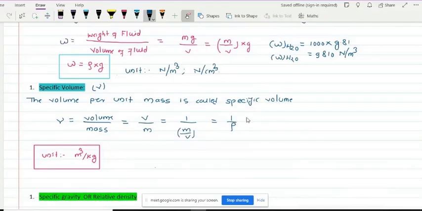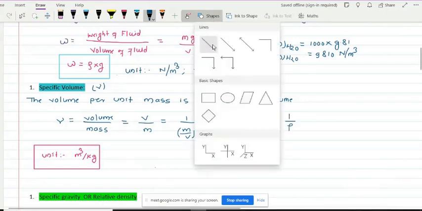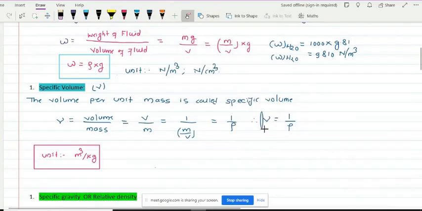Specific volume is a reciprocal of density. Therefore, nu is equal to 1 upon rho. Okay. Unit is meter cube per kg.